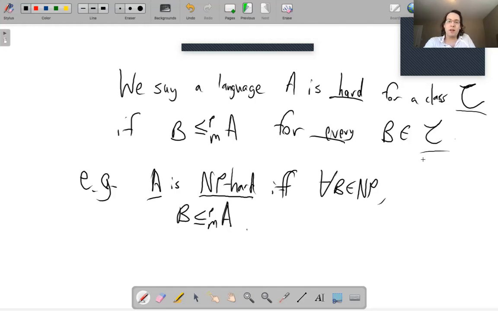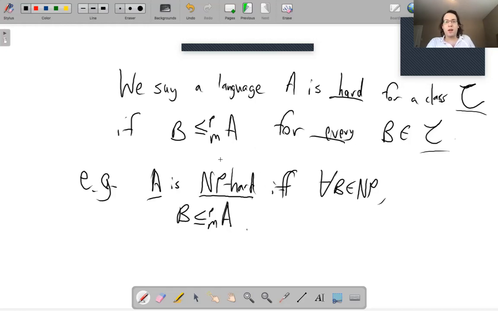So PSPACE hard means that A is harder than or equal to everything in PSPACE. And by harder or equal to, I mean polynomial time mapping reduction. So this is the definition of hardness, and NP hardness is one of the most useful notions of hardness.